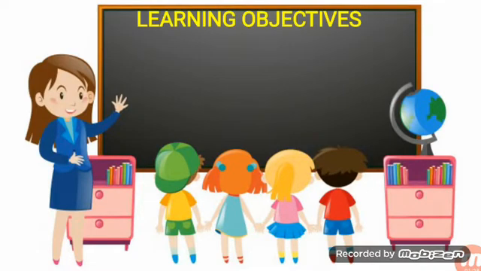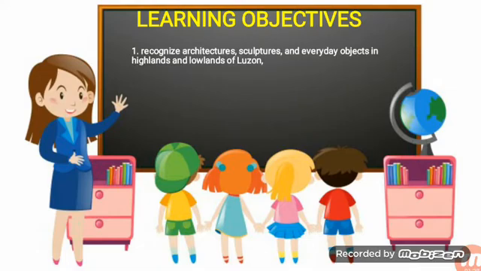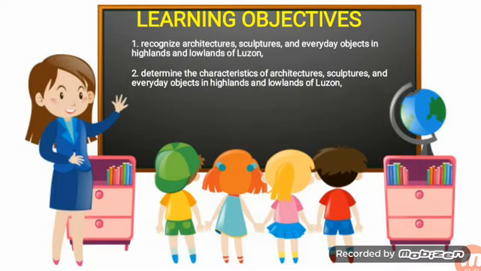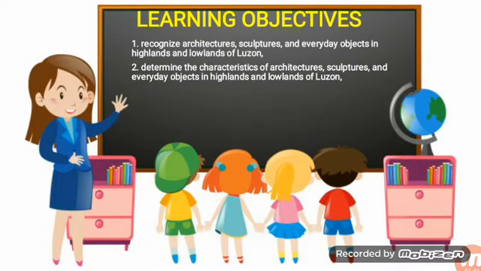Please be guided with the following learning objectives. First, recognize architecture, sculptures, and everyday objects in highlands and lowlands of Luzon. Second, determine the characteristics of architectures, sculptures, and everyday objects in highlands and lowlands of Luzon.